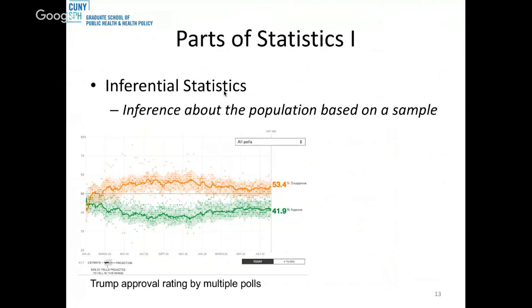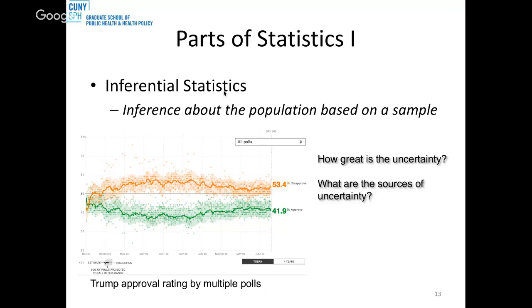So this confidence interval is intended to give you some idea of the uncertainty in these. One potential inference here would be whether there are different numbers who approve than disapprove.